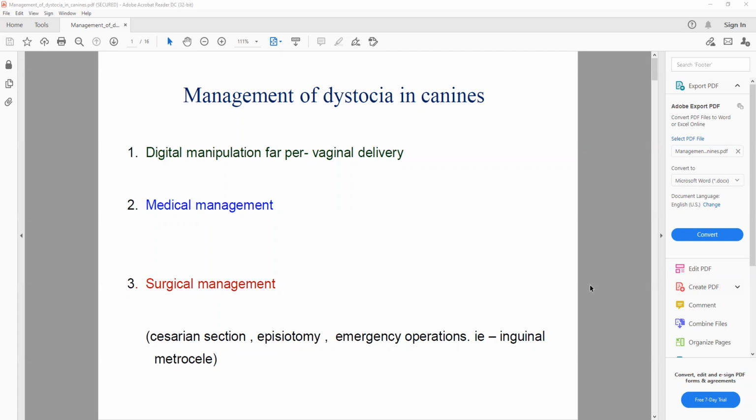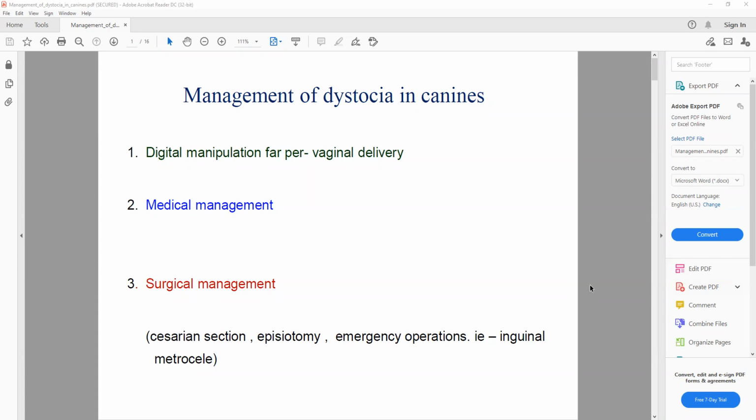So we'll start, and we'll see what the dispositions are as well. Meanwhile, the correction process will go on. So what type of management can we do once we diagnose that there is dystocia in a canine? In the class before last, we were discussing the parameters to examine a female when someone comes to you with a complaint that she's not giving birth.